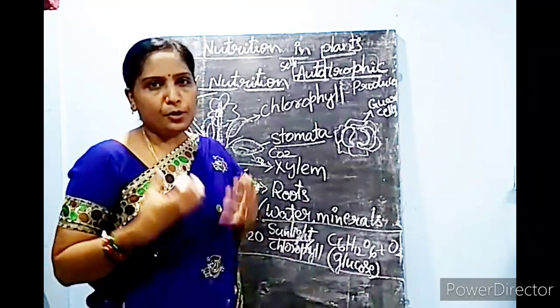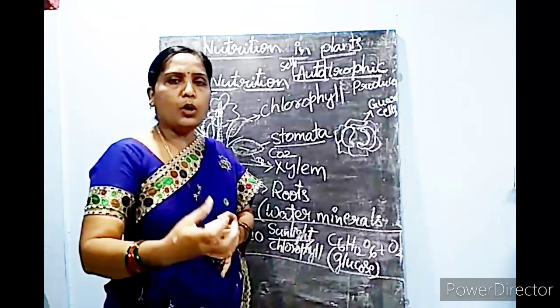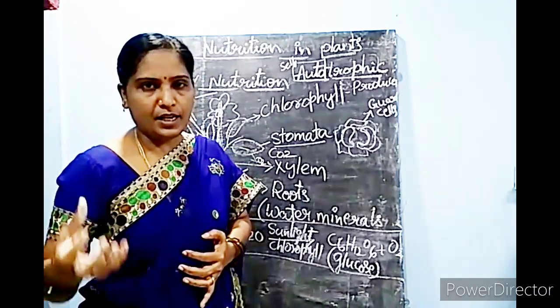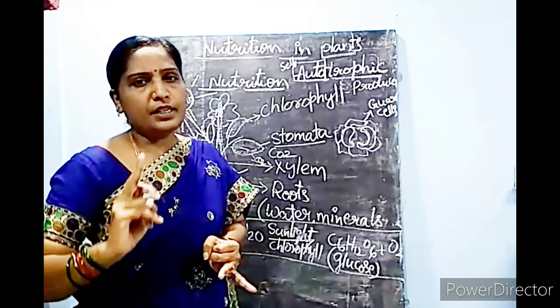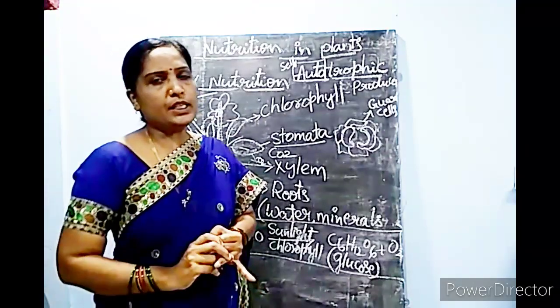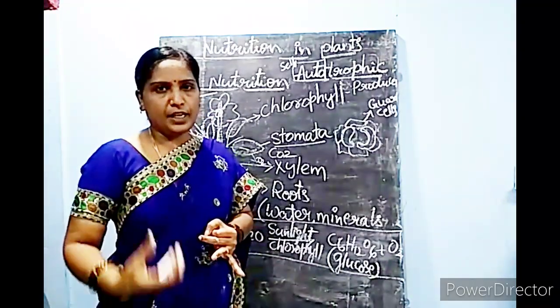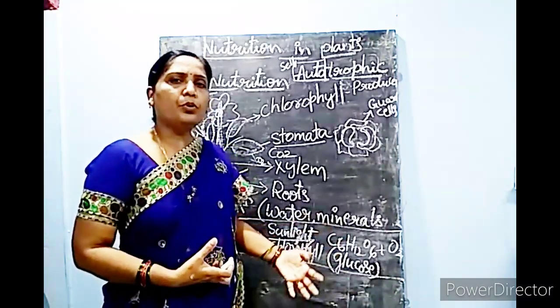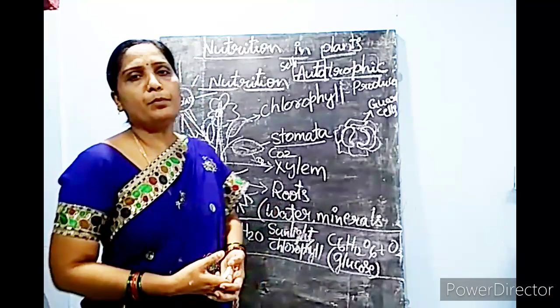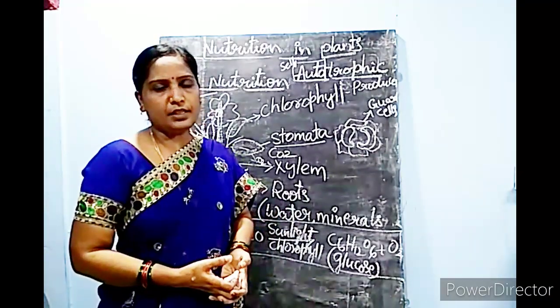To prove this, you have some activities. We can prove by doing one experiment how sunlight is necessary for photosynthesis, how carbon dioxide is necessary for photosynthesis. And we can also prove how chlorophyll is important for photosynthesis.